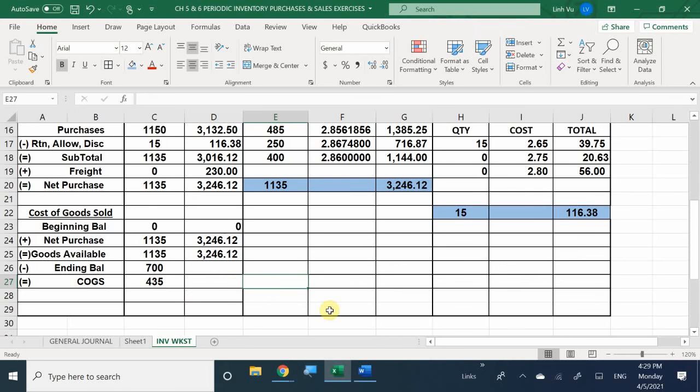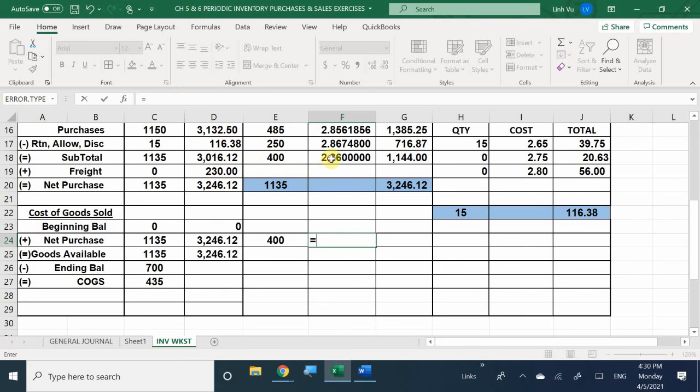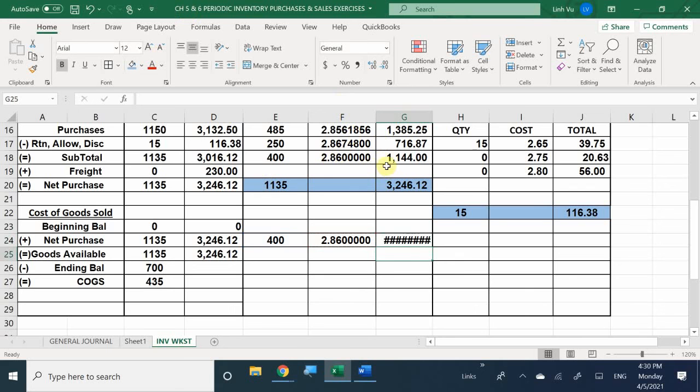I'm going to put them in line, that this is my cost of goods sold. Okay. So first things first, which batch am I going to take out first? The 400. So 400 right there. And because we know it's going to cost 286, we know for a fact that we're taking the whole thing, so it should equal the 1144. Okay, we should just know that.